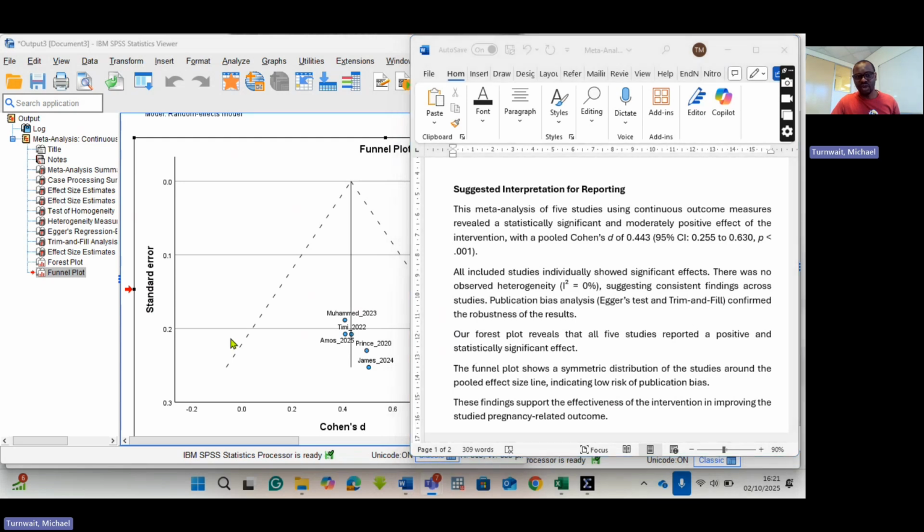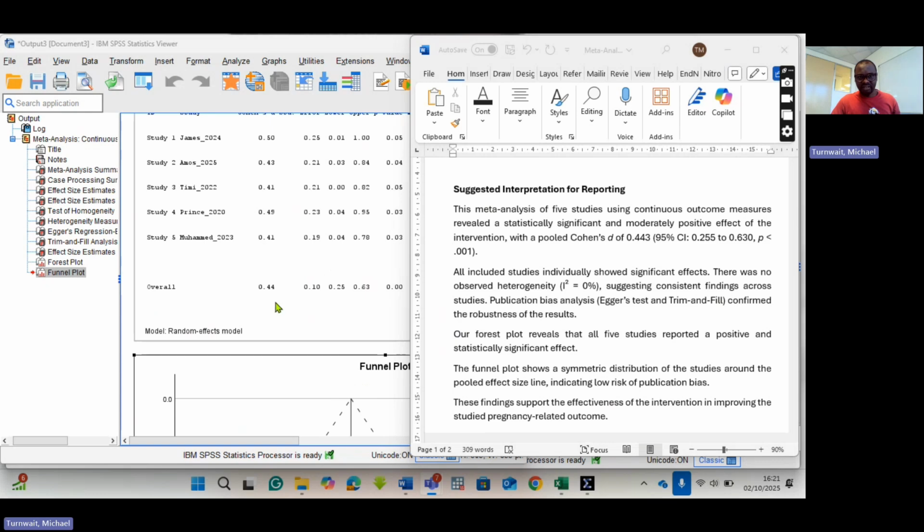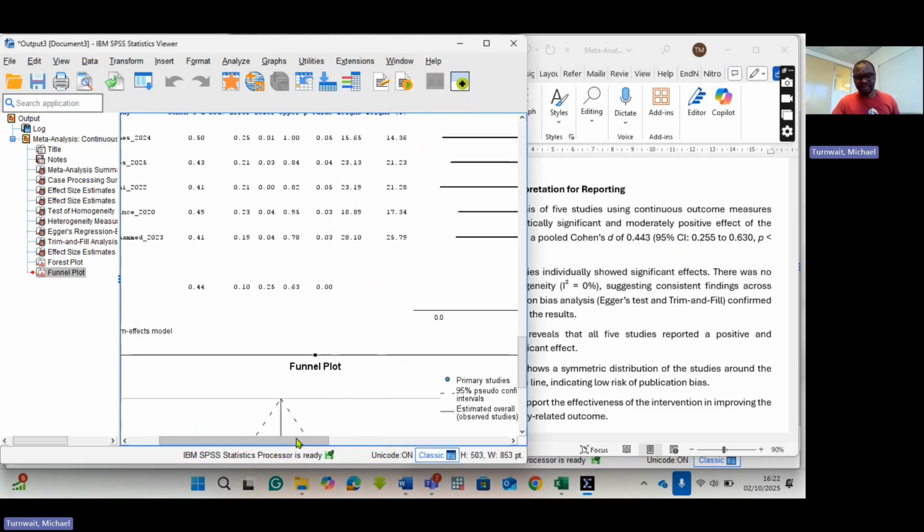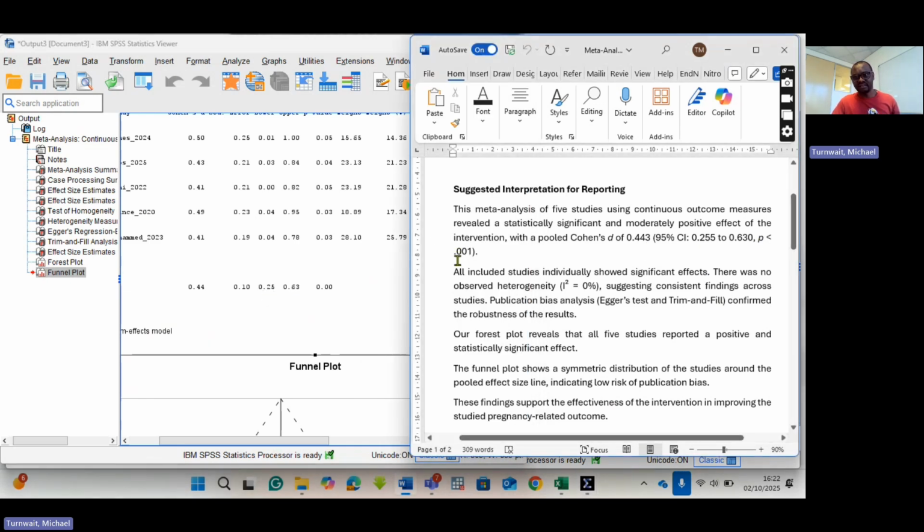You may say, for instance, that this meta-analysis of 5 studies using continuous outcome measures reveals a statistically significant and moderate positive effect of the intervention with a pooled Cohen's d of 0.443, which is what we have here, or overall 0.44. The confidence interval is the same as we have here, and the p-value is less than 0.001.